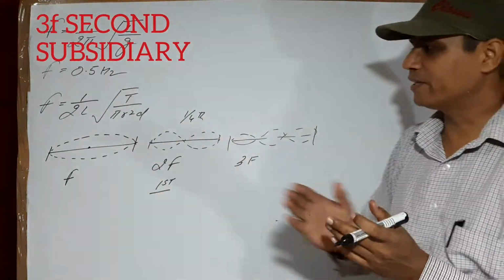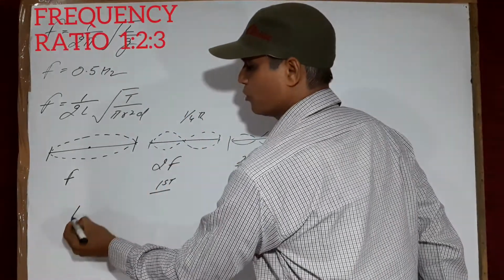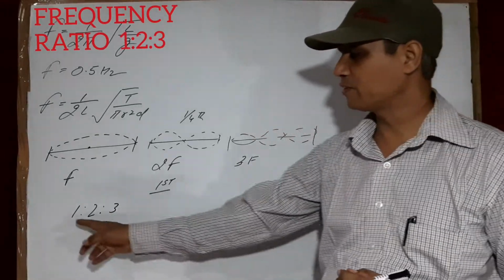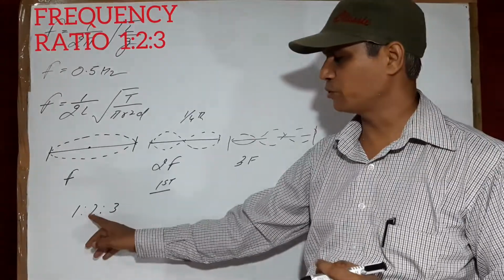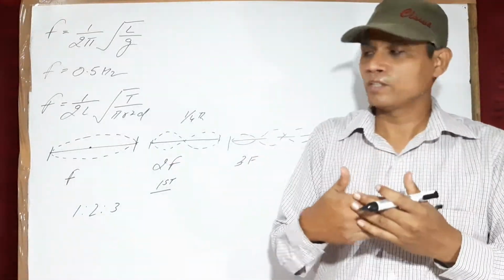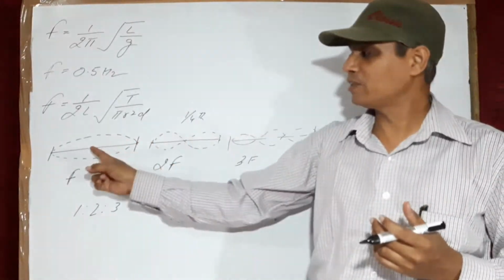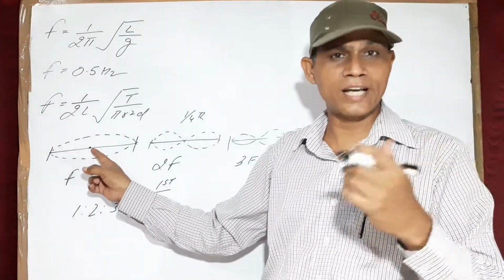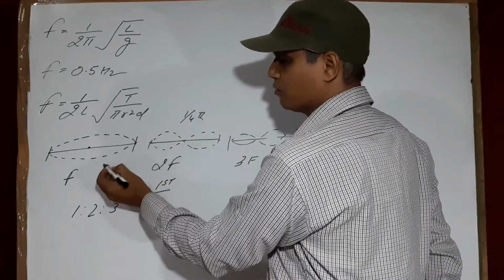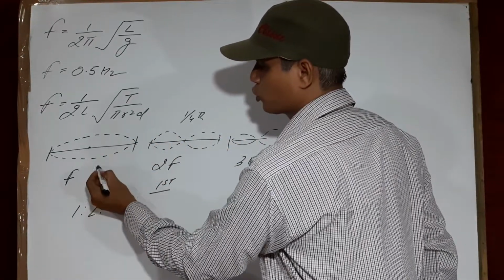So you are having the frequency in the ratio of 1:2:3. And the wavelength of this will be, if the length of the string is L, in that case the wavelength will be like there. Here you will be having the wavelength 2L.